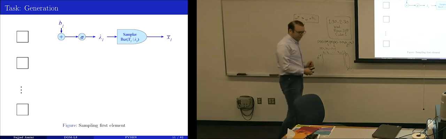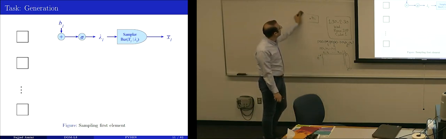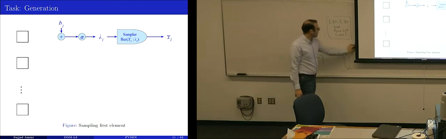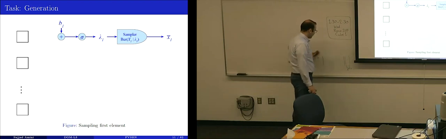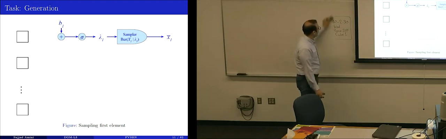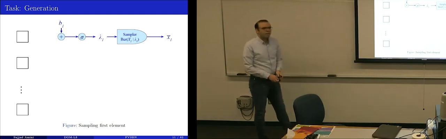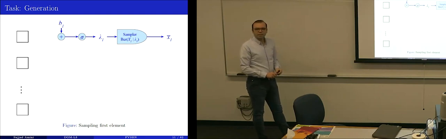Okay, this is the first note. The second one: we just talked about a very simple case where you have binary random variables. What happens if you have categorical random variables?